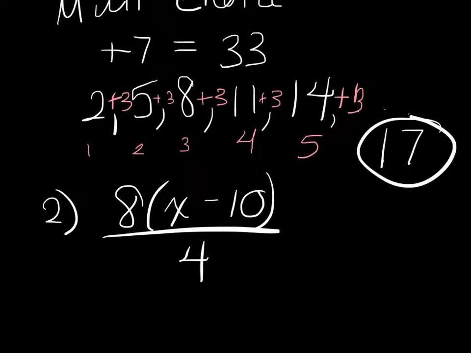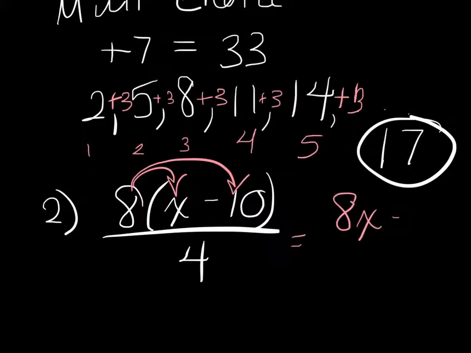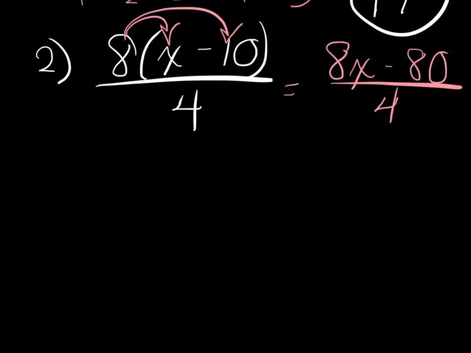I have been showing you guys you can go ahead and use distributive property over multiplication, and we get 8x minus 80. Remember that I have to distribute 8 times x and then 8 times 10, and then divided by 4. And then I continue below that, and I say I have to break it up.